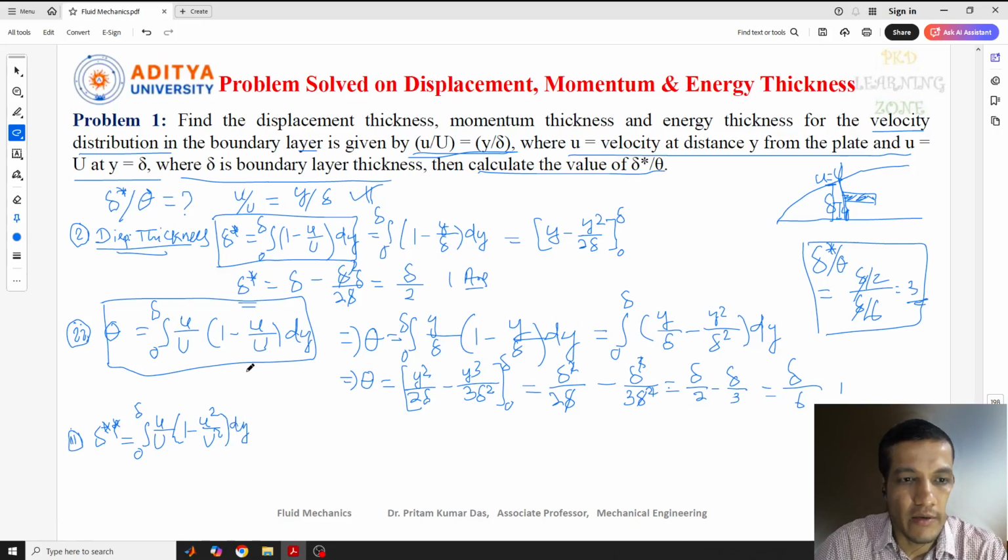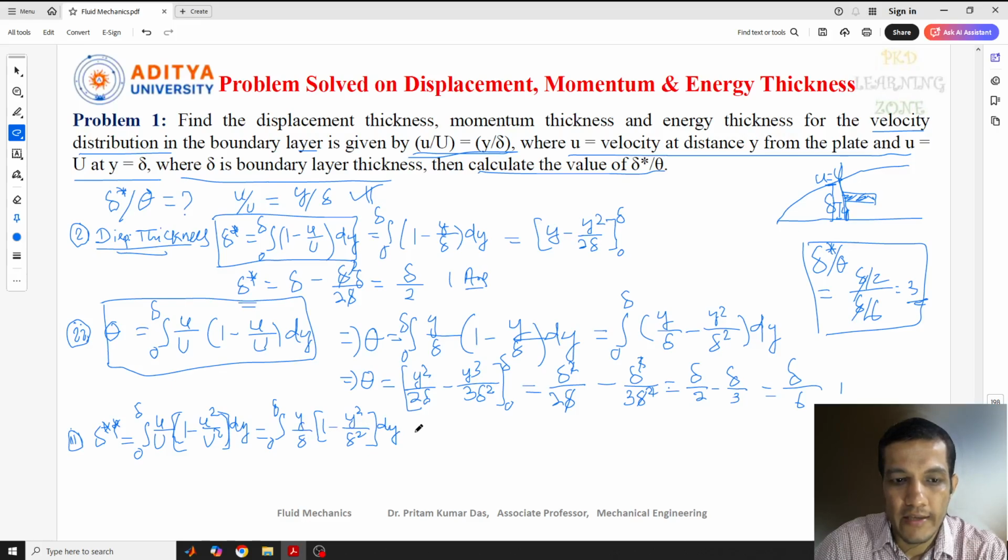Previously only u by U was there, small u by capital U. Now a square is there. Now with a similar method, we will put the value of u by U, the velocity distribution, y by delta. So integration 0 to delta, and u by U is already given, that is y by delta, and bracket start 1 minus, here also y square by delta square, bracket close, dy.